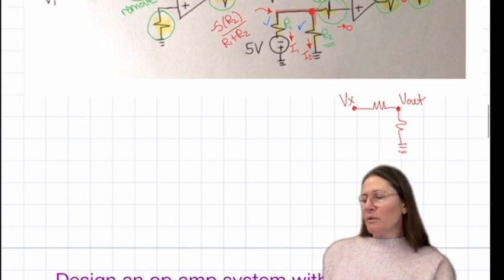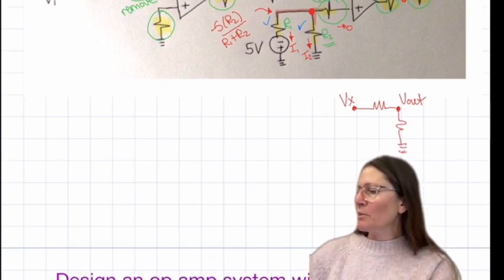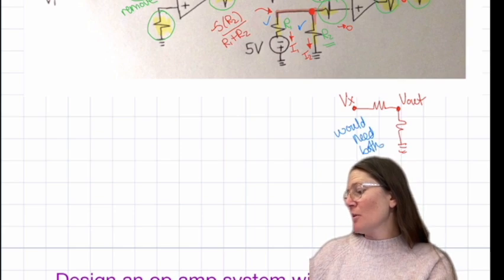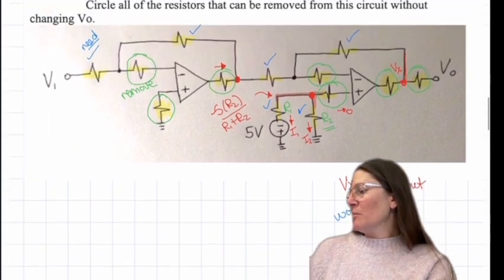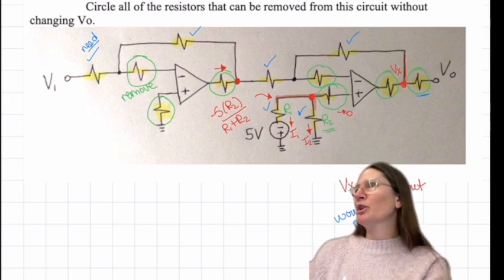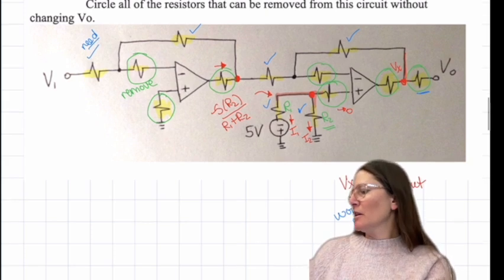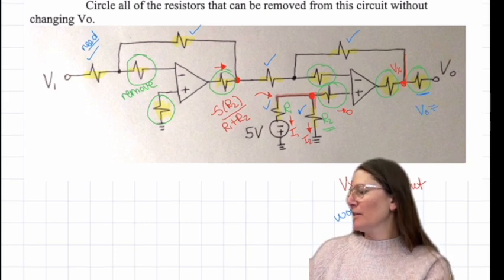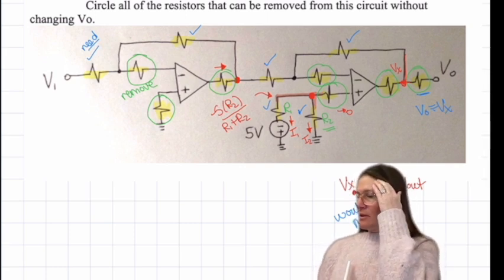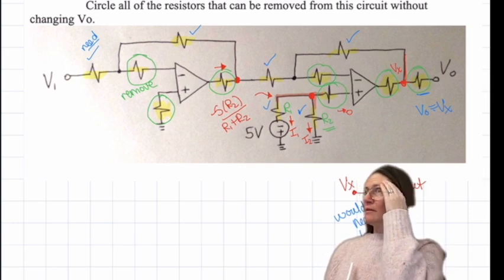So this one would need both of these to not change the output, but this one is basically just floating there, so it could be removed. And then VO in this case is equal to the Vx. Does that make sense? Yes.